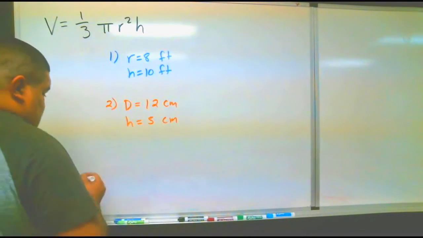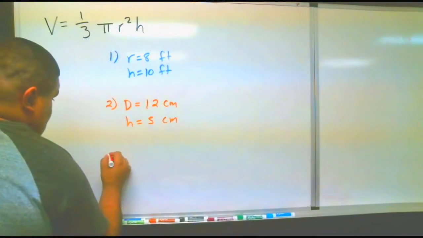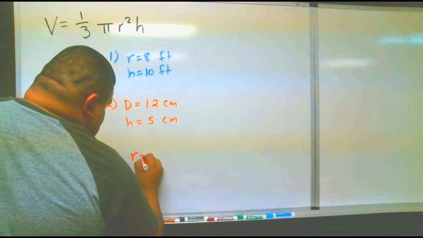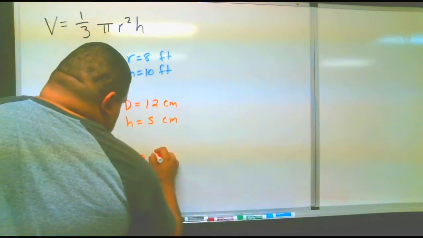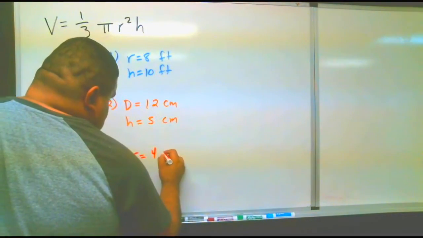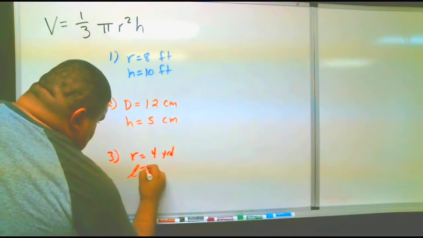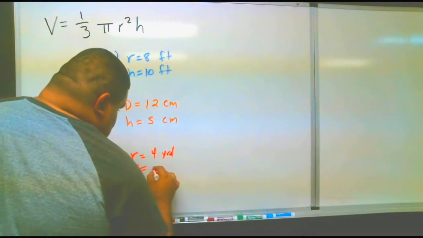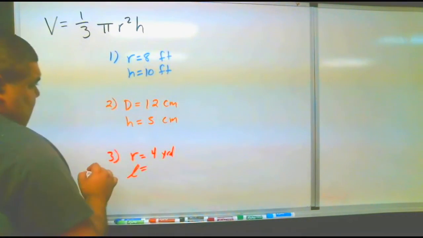And the last one, number 3, our radius equals 4 yards, our slanted height equals 16.